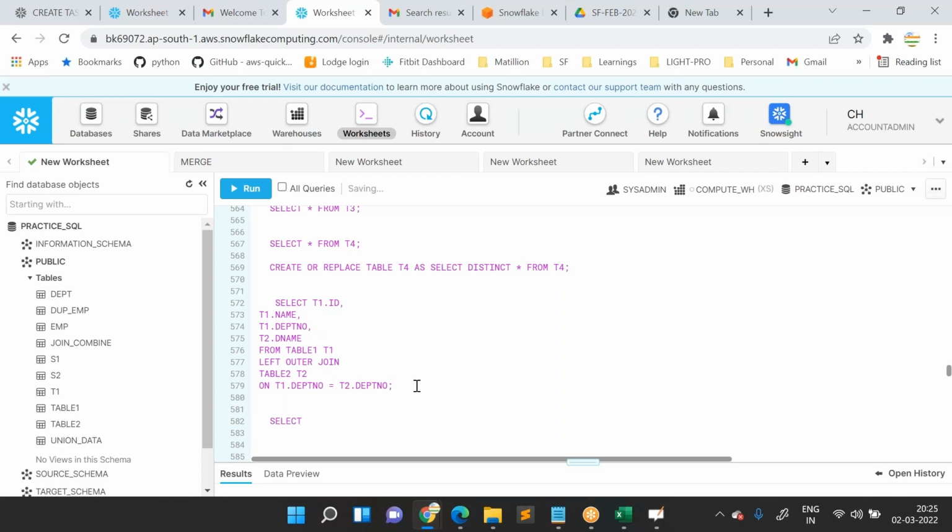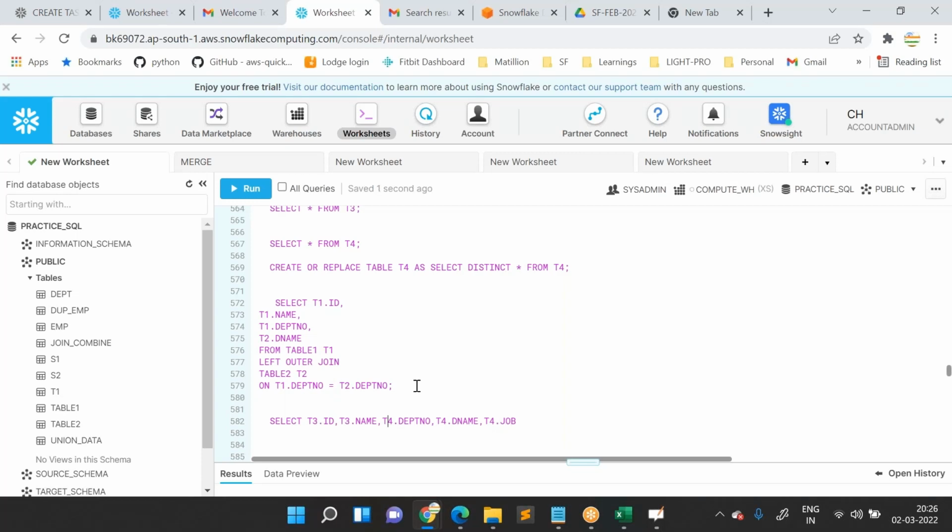Now select t3.id, t3.name, t4.department number, t4.dname, t4.job.